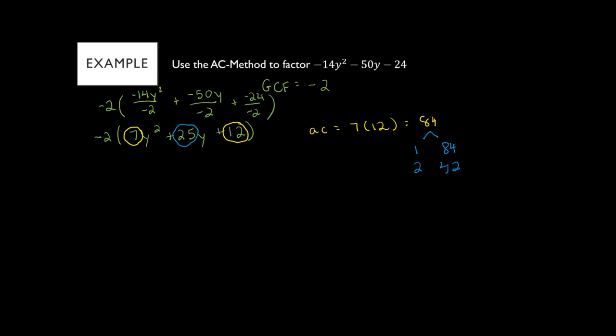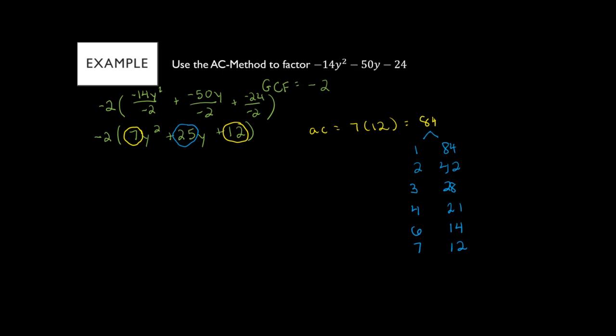This one's harder to do in my head. 84 divided by 3, okay, so that's 3 times 28. 84 divided by 4, 4 times 21. 84 divided by 5 is a decimal. 84 divided by 6, that's 6 times 14. 84 divided by 7, 7 times 12, I should have known that.